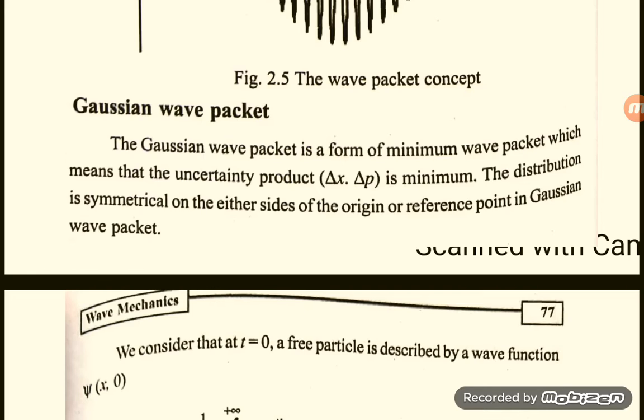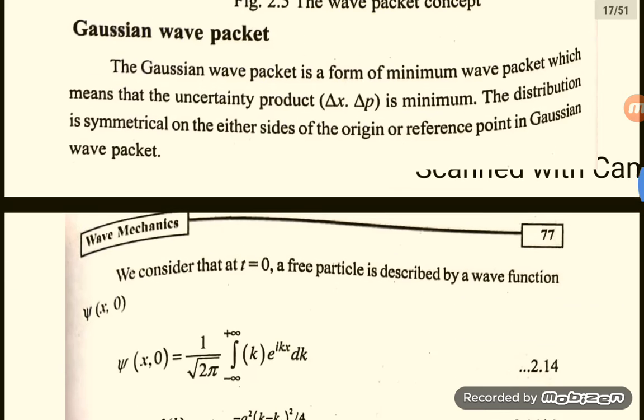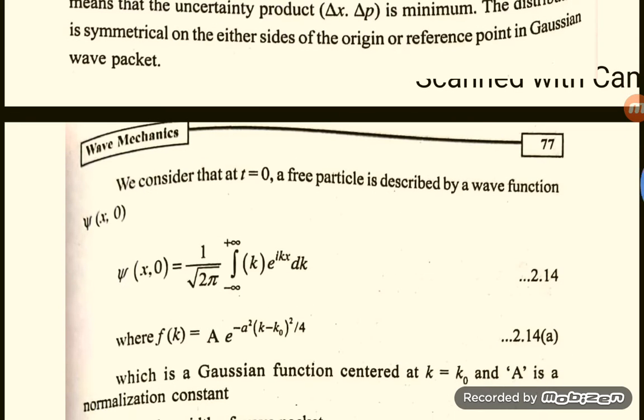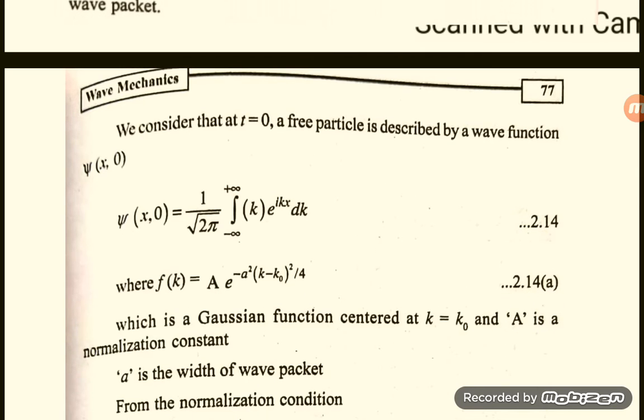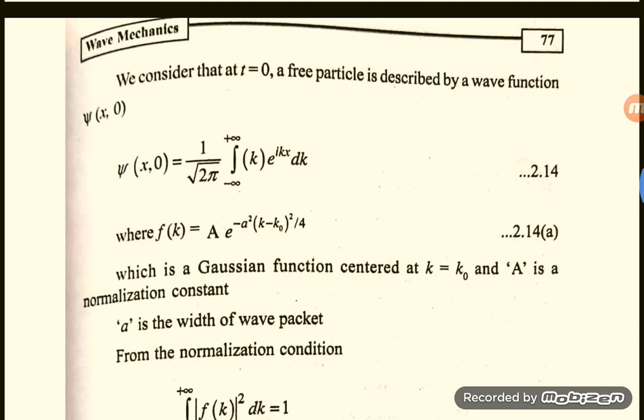At t equals 0, the wave function psi of x, 0 is equal to 1 by root 2 pi integral from minus infinity to plus infinity of f(k) e power i kx dk, where f(k) equals A e power minus a square (k minus k naught) whole square by 4. This is a Gaussian function centered at k equals k naught, and A is the normalization constant. Here a is the width of the wave packet.